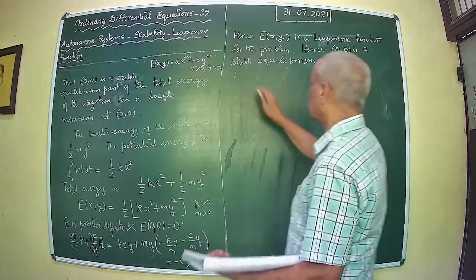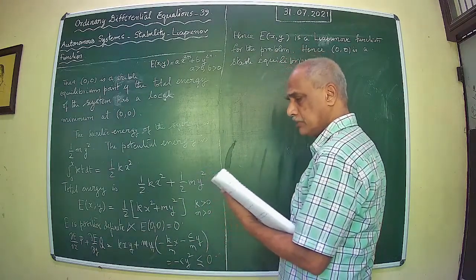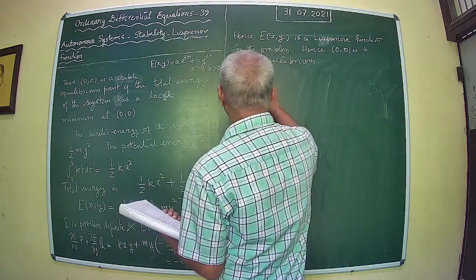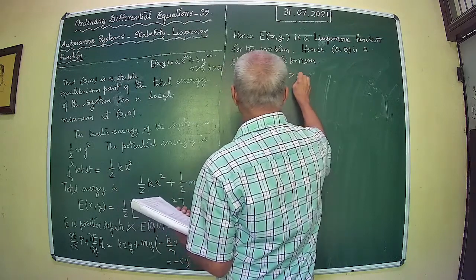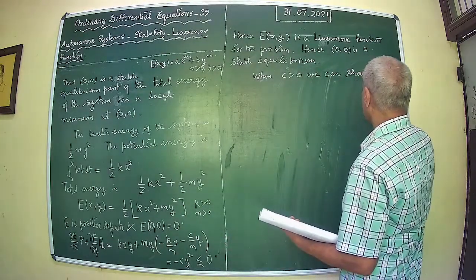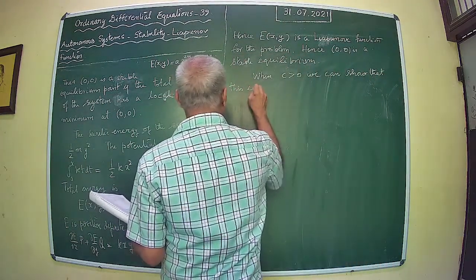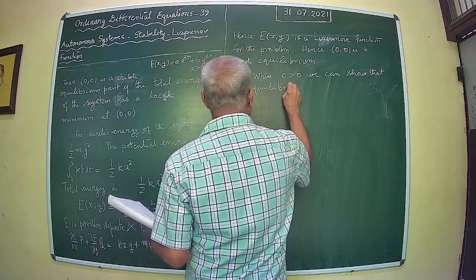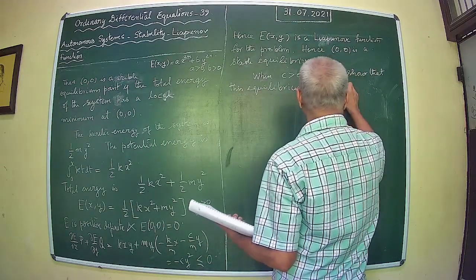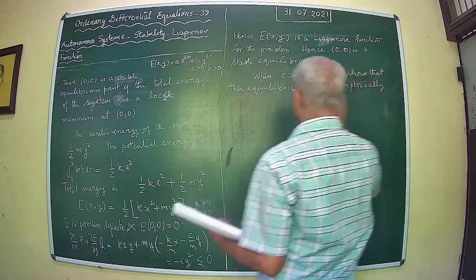Okay, now we look at another example. But you can show that when C is positive, this equilibrium is asymptotically stable.